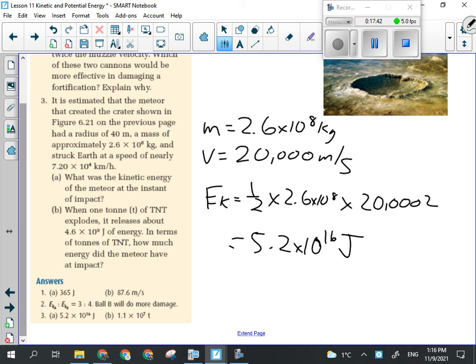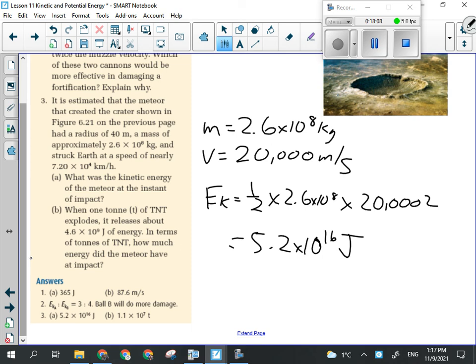They said, we're going to tell you how many tons of TNT that impact or explosion will be equivalent to, because they knew how many joules of energy a ton of TNT would release if it was blown up.